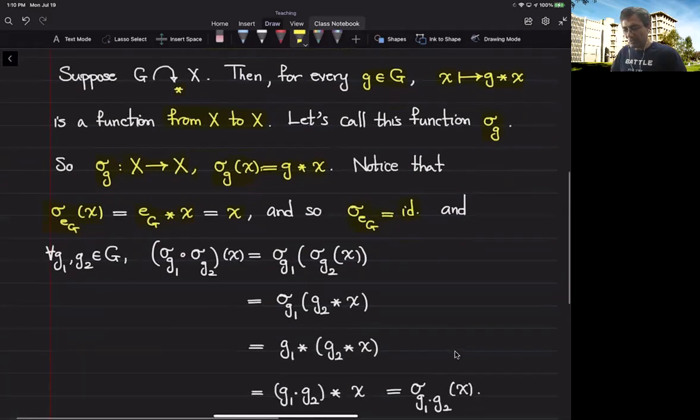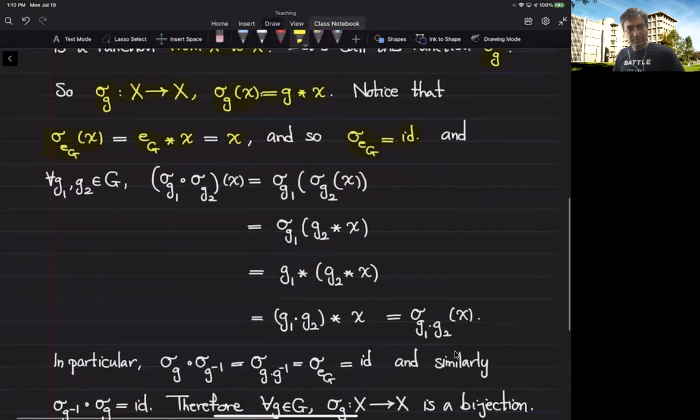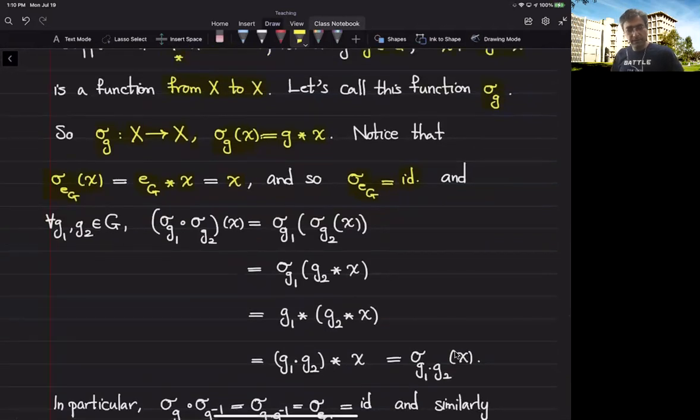Now let's see what the second condition of group actions implies here. I give you two elements of the group. Then we need to let G2 act and then G1 act. That means essentially I'm looking at the composite of these two functions, sigma sub G1 composed with sigma sub G2.